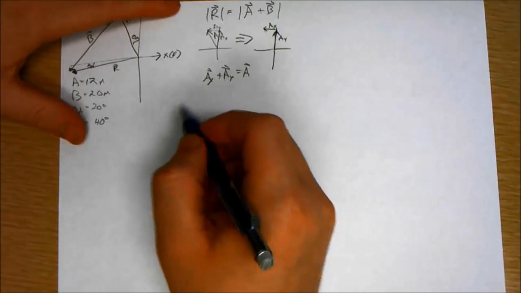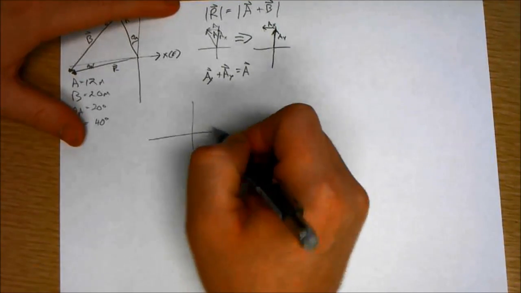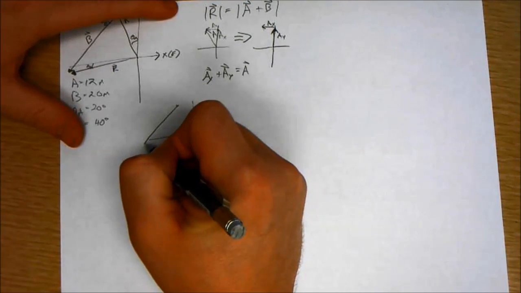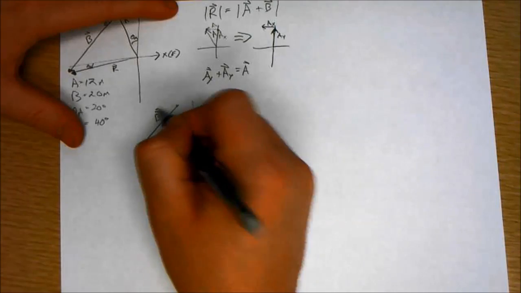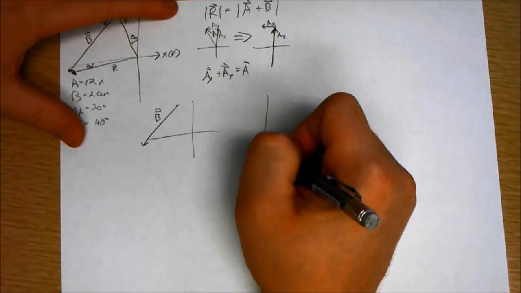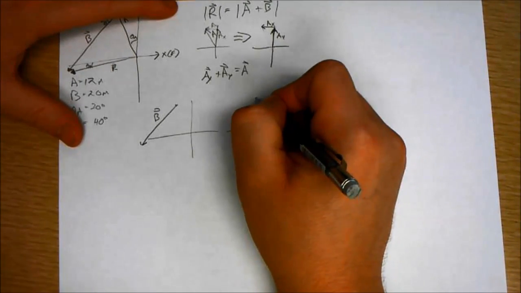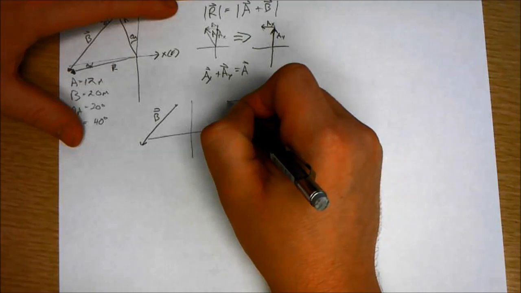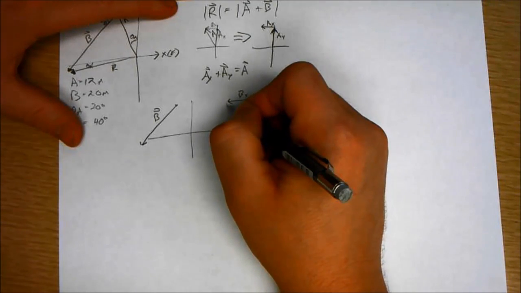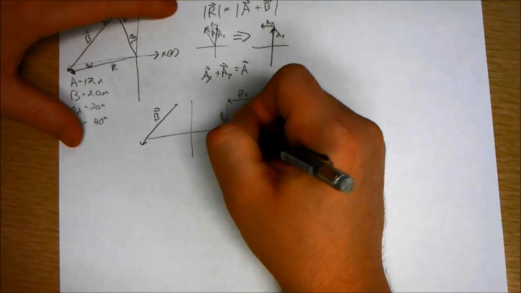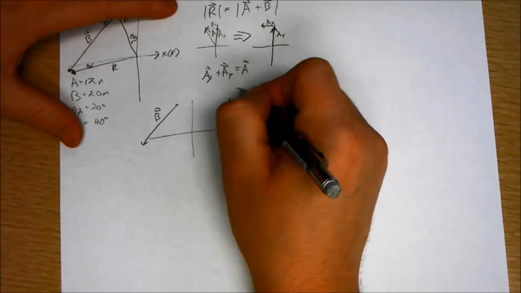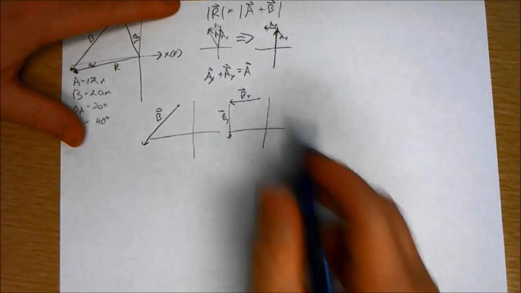The same thing is true with vector B, which points like that. I can replace it by two vectors, BX and BY. You see, it's the same thing.